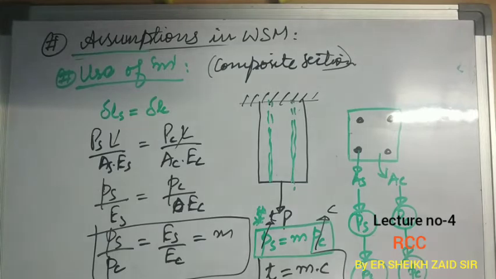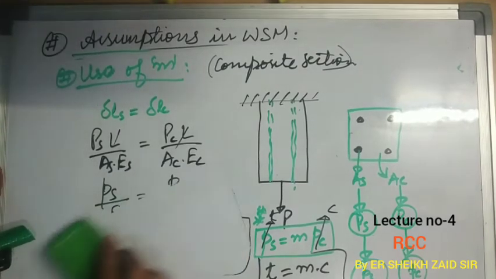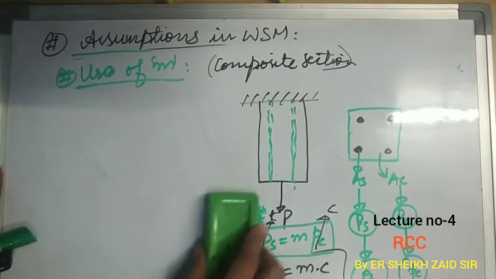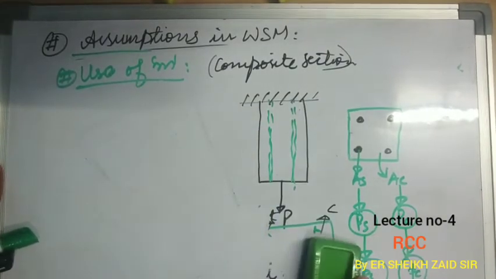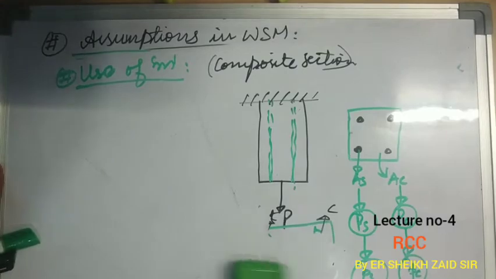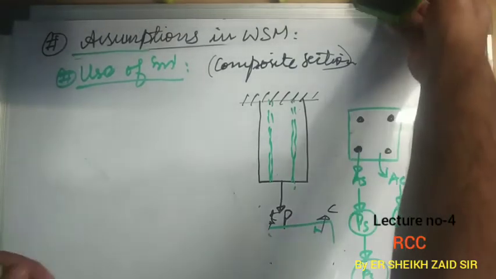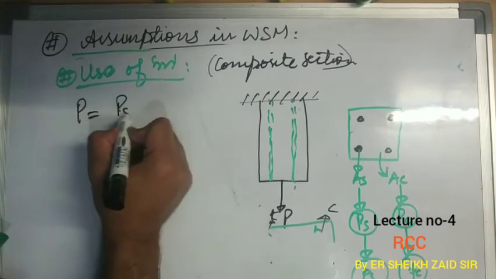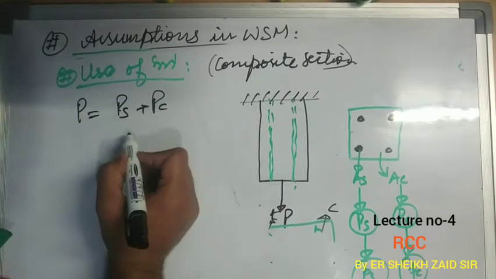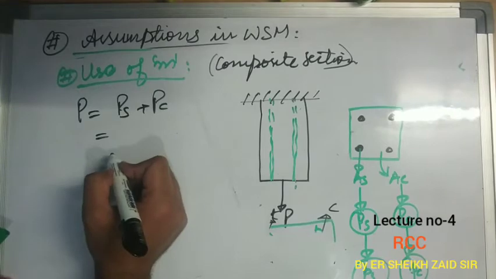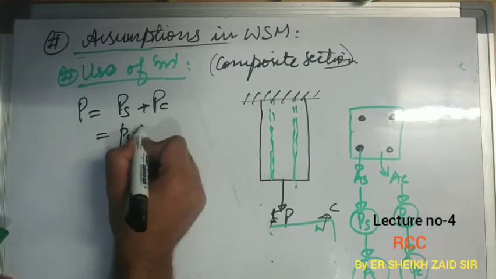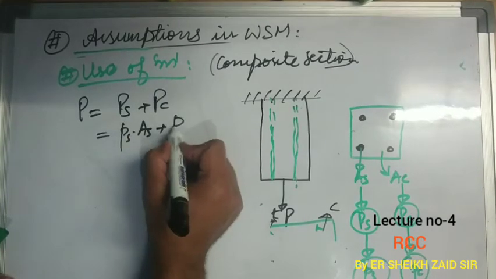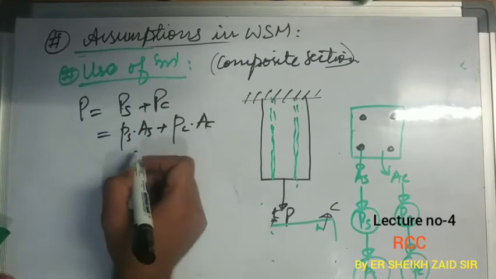Moving forward, now if I calculate the total force in this composite section, total force P will be force in steel plus force in concrete, and we know force is stress into area, so stress in steel into area of steel plus stress in concrete into area of concrete.